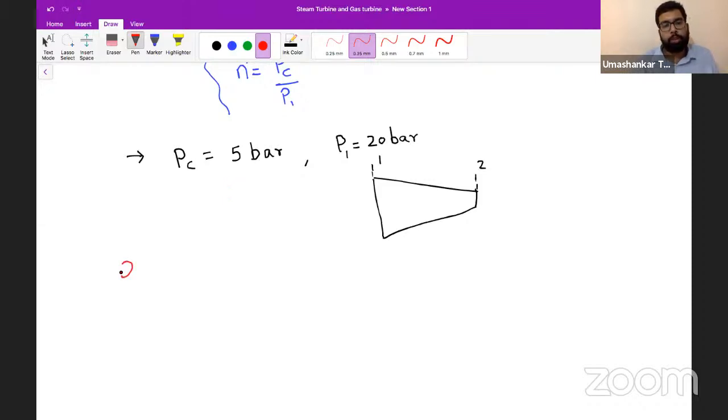So my first question, can P2 be equal to 15 bar? Now you can answer.